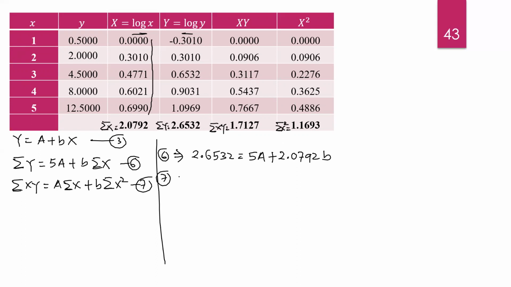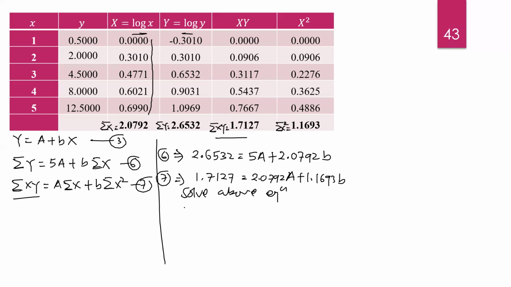Now equation 7, summation XY, 1.7127 is equal to 2.0792 into capital A plus summation X square, which is 1.1693, into b. Solve these equations simultaneously. We get capital A and small b.